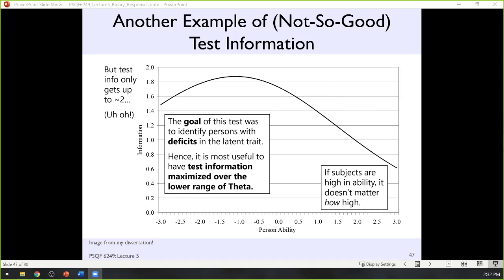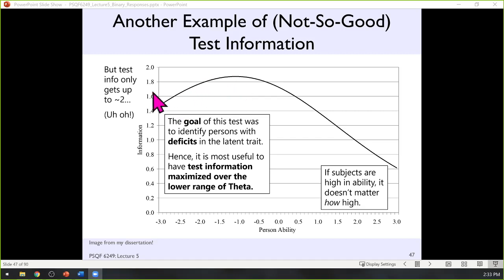I was very excited about that, and I was actually able to publish that result, even though this picture is not good. The goal of this instrument was to measure older adults who are likely to have problems, who have deficits in selective attention, people who probably shouldn't be driving. So I looked at the shape of this thing and I went, nailed it.